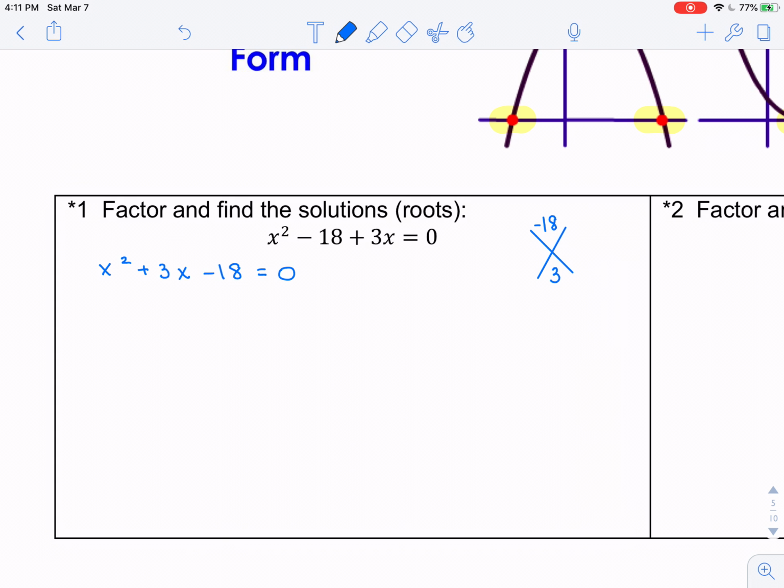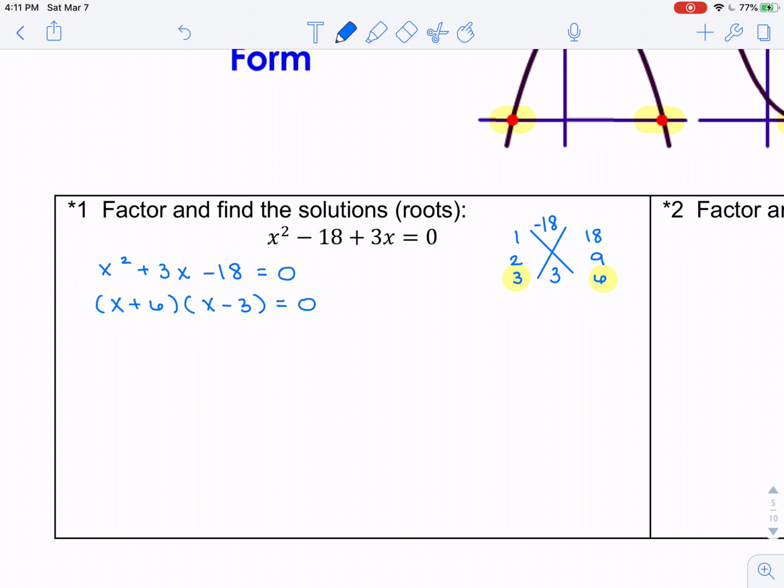So while doing this, trying different ones, I could try 1 times 18, 2 times 9, 3 times 6, and right there, that should click that 3 and 6 are going to be ones that when we subtract, result in the 3 and the b value. So I'm going to factor this x plus 6, x minus 3. All right, so that part should be review.